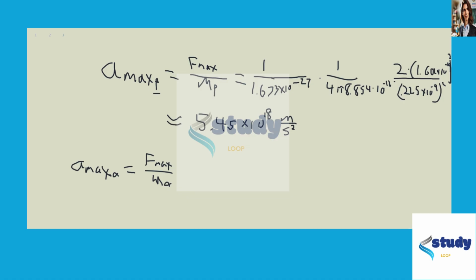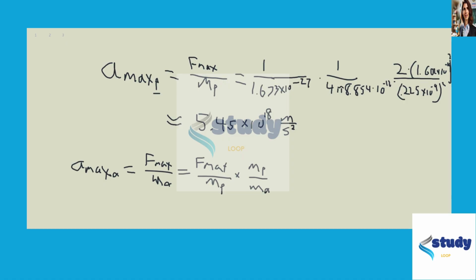And now we could just plug this all in again, but to save us a little bit of work, let's just write this as F max of the alpha particle divided by the mass of the proton, because that's what we know. That's this thing we just calculated, and then just multiply it by mass of proton divided by mass of the alpha particle. So this equals this just because we multiplied by mass of proton divided by mass of proton, which is 1.